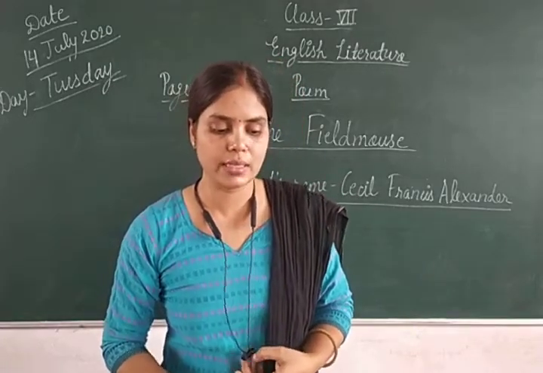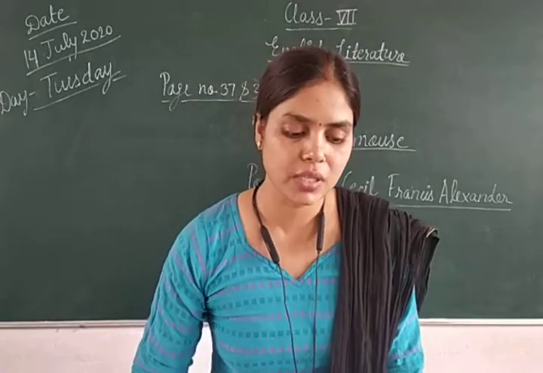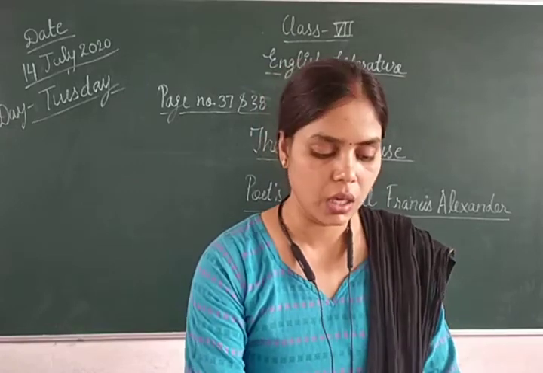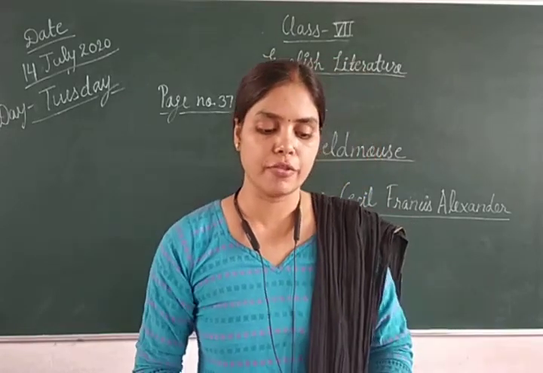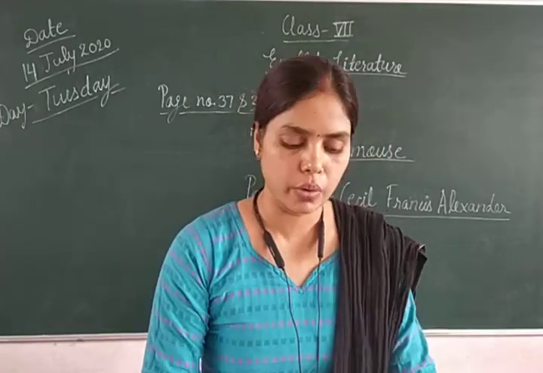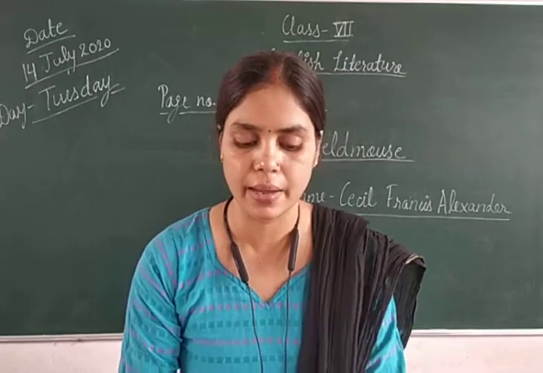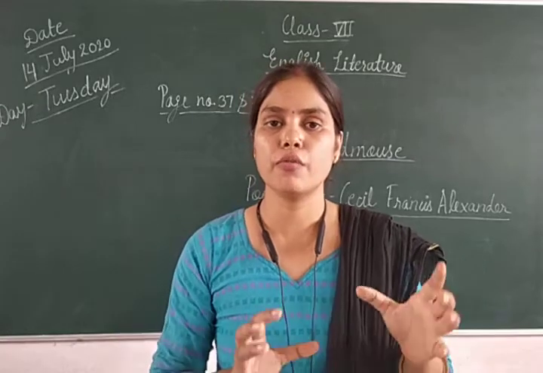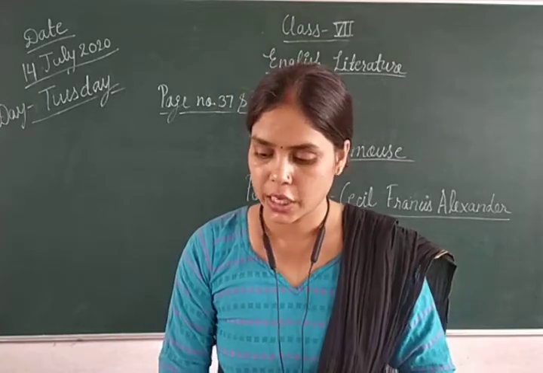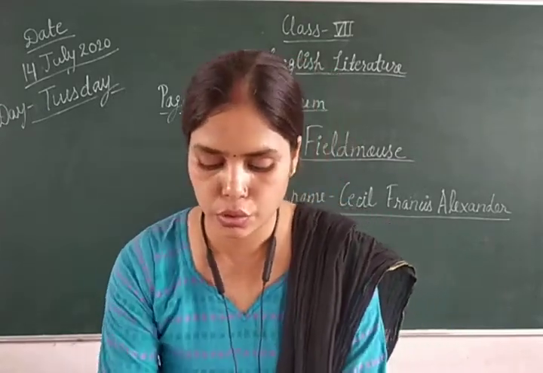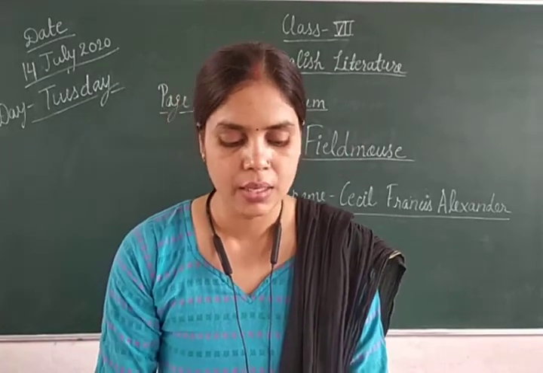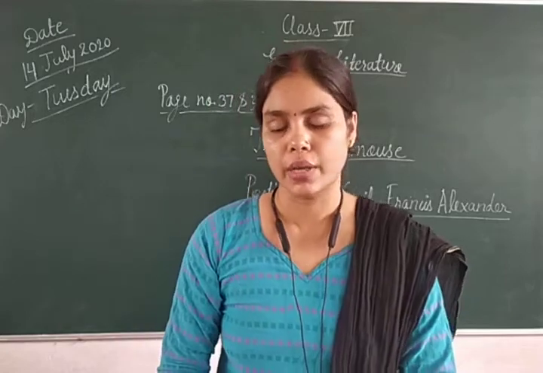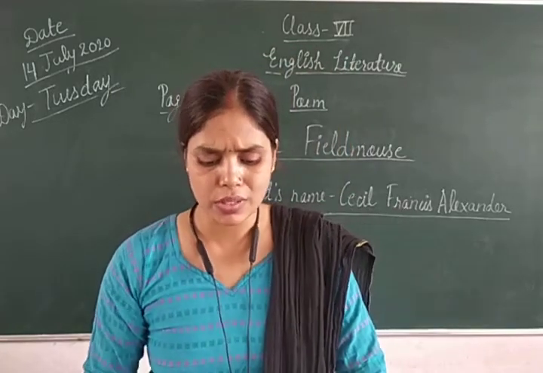The first question is: refer to the first stanza and describe the appearance of the field mouse. You have to refer to the first stanza, and describe the appearance of the field mouse.